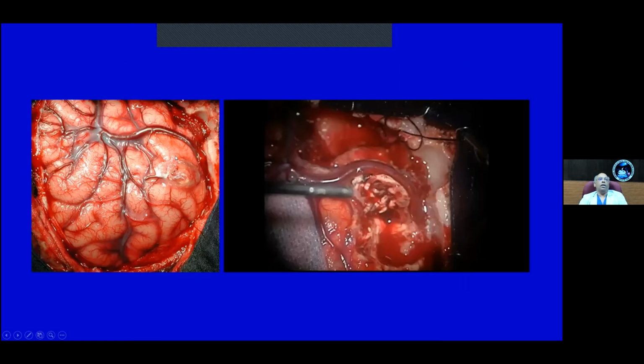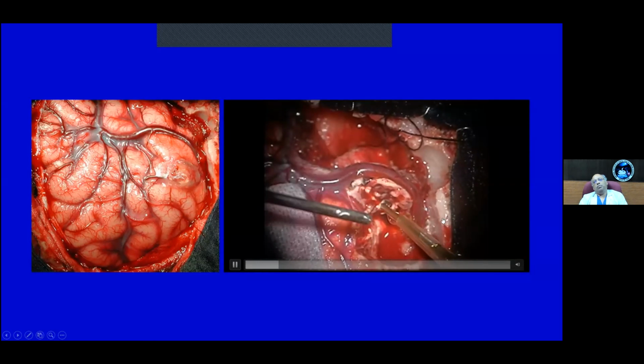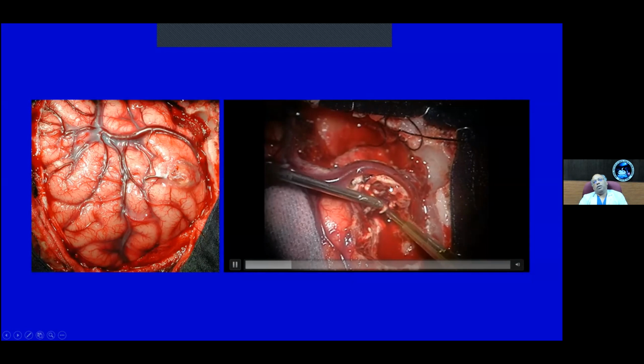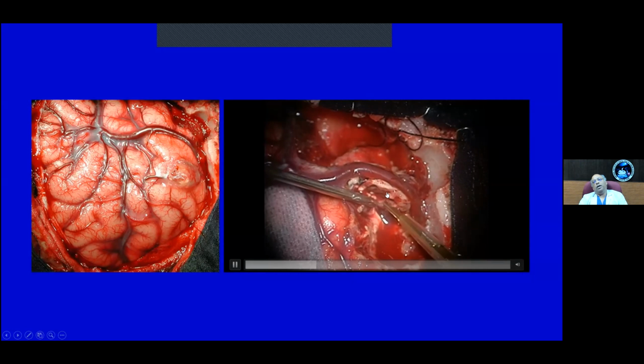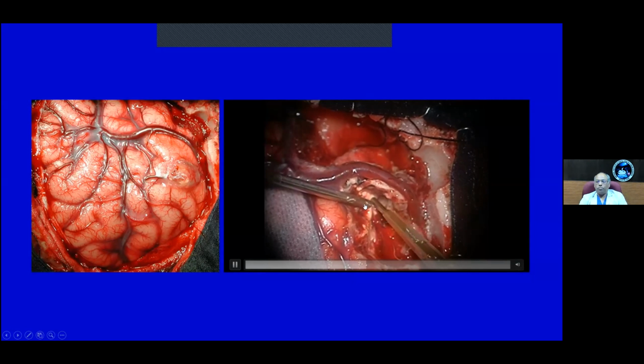So after the lesionectomy, there was persistent spiking even from the brain under this vein of Labbé, which led us to resect even that part of the brain area, just leaving a small area to support the vein of Labbé.